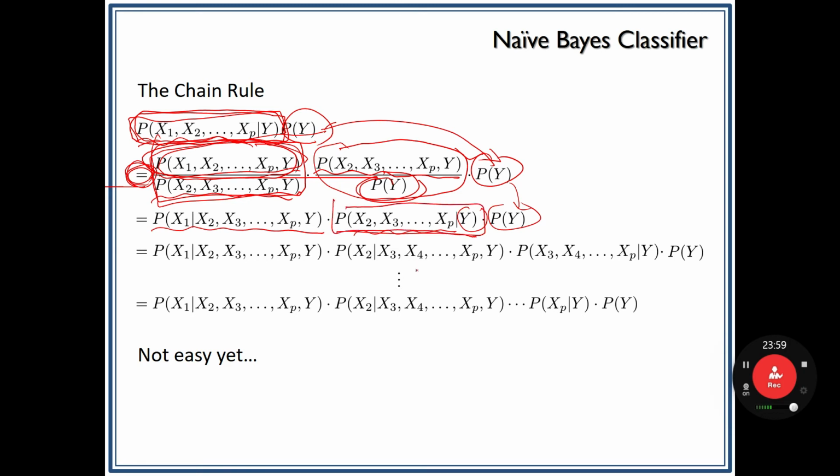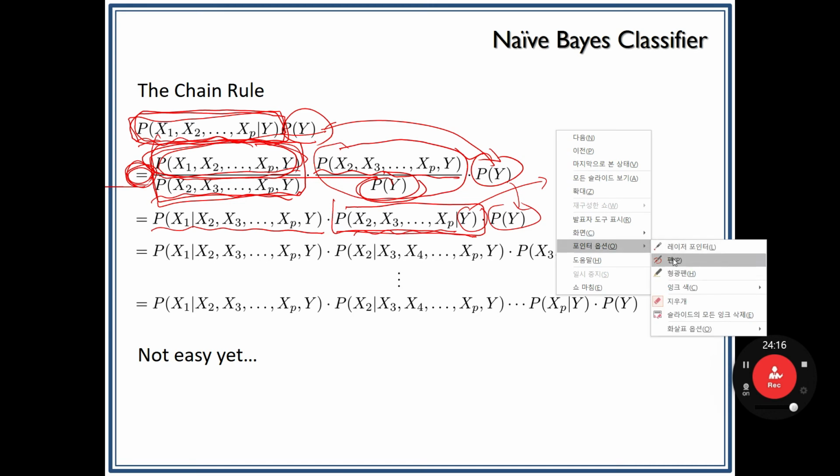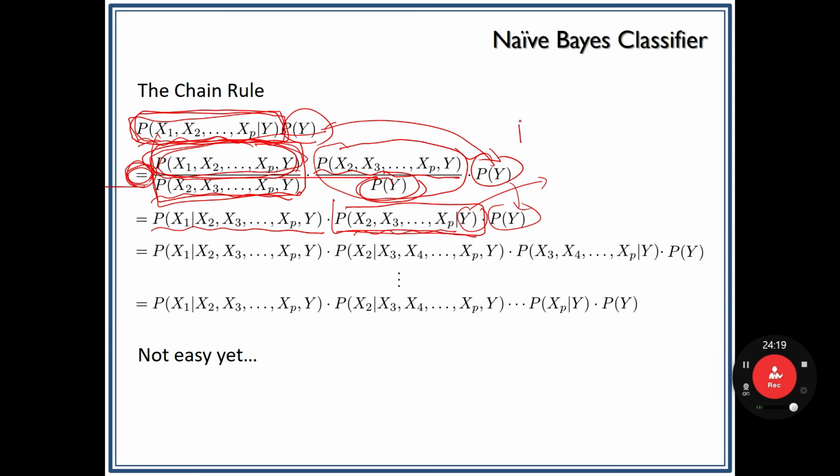This one can be rewritten as probability of x2, probability of x2, x3, dot dot dot, xp, and y over p of y, right?